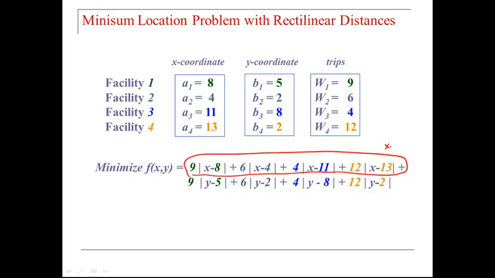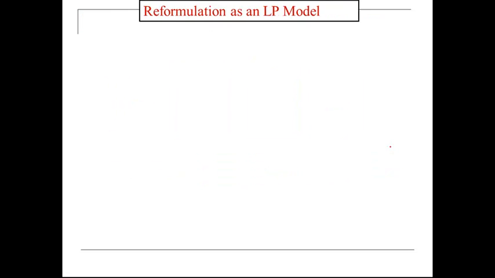If we solve this problem, then we're going to obtain a value of x and the value of y, which is going to give us the location of the new facility. So we can reformulate this as an LP problem.